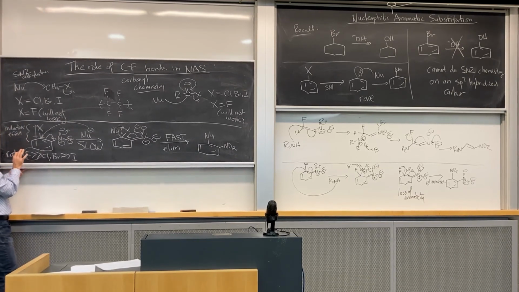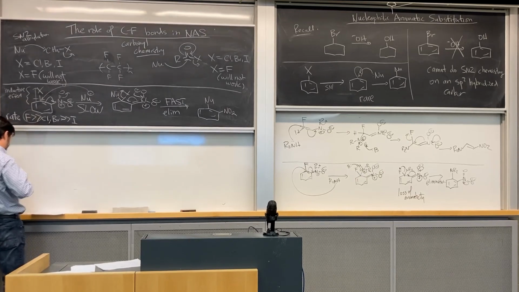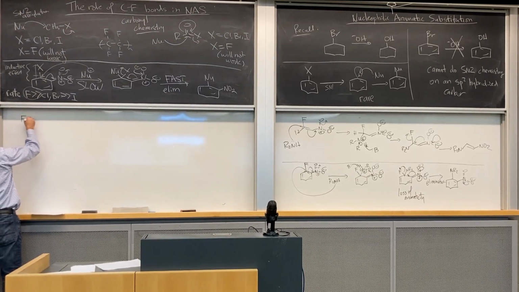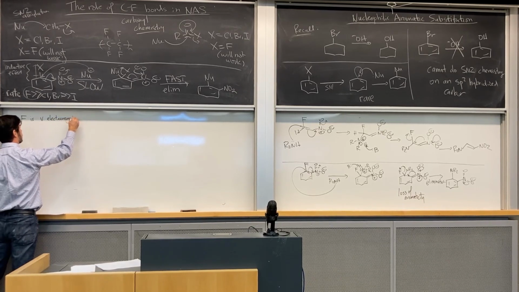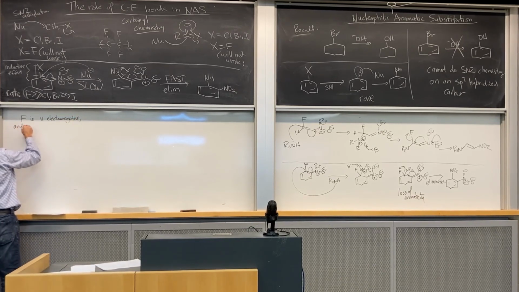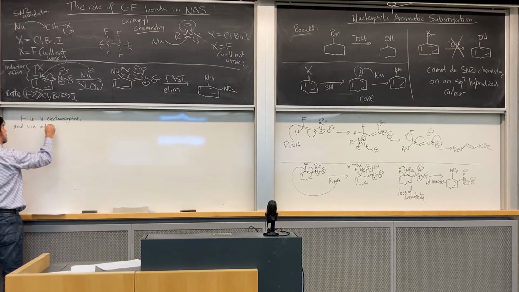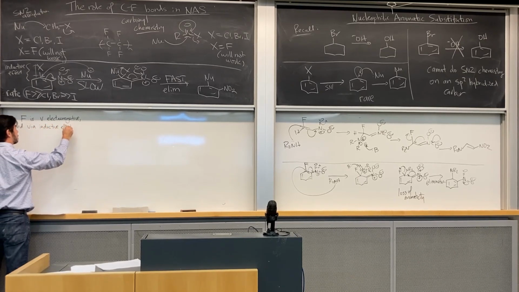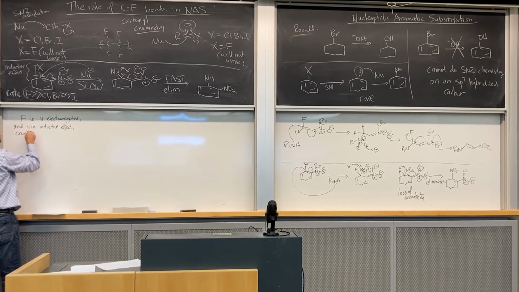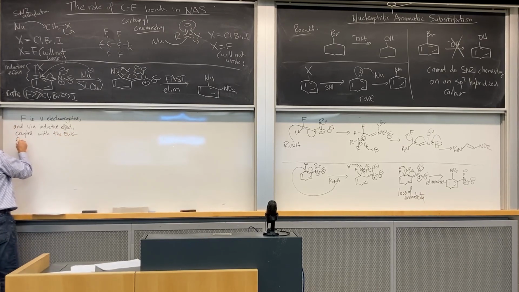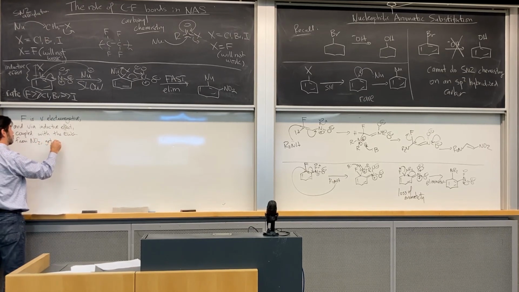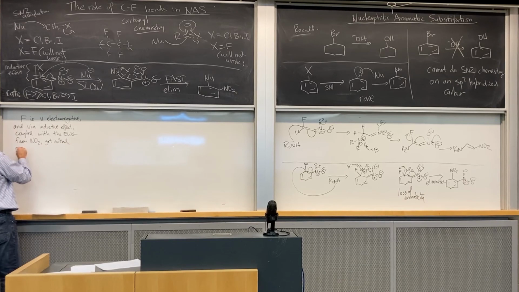All right, so maybe I'll just write a brief sentence about this. So fluorine is very electronegative. And via inductive effect, coupled with the electron withdrawing groups from the nitro group, we can get the initial nucleophile reacting at that carbon.